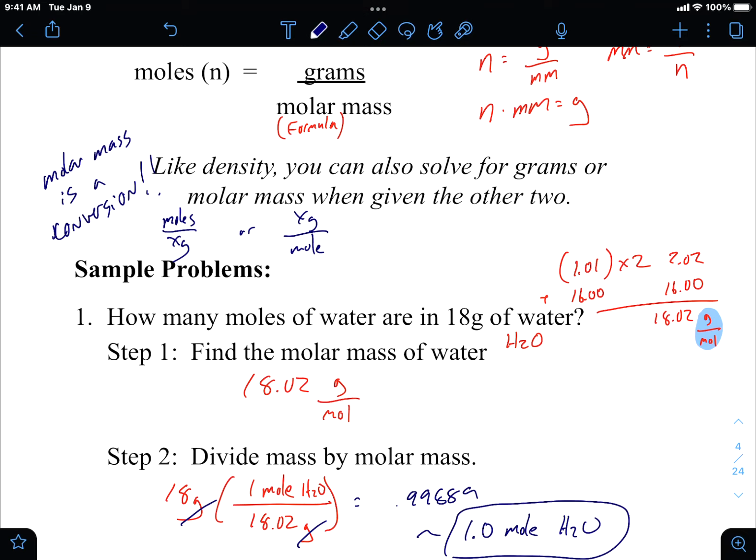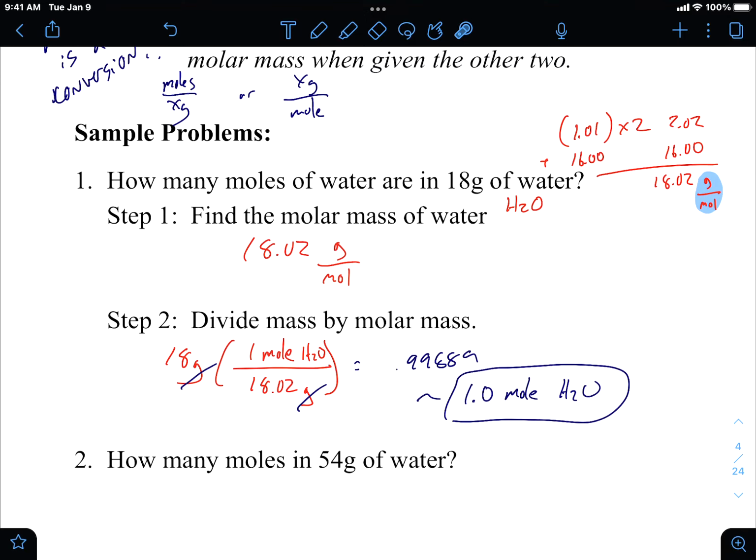You decide what you use based on what it is you need to cancel and what it is you're solving for. So if you're solving for moles, then you use the first conversion. If you're solving for grams, that means you have moles and you have to cancel moles, so use the second conversion. It's just like converting inches to feet, just like we did back in Unit 1.